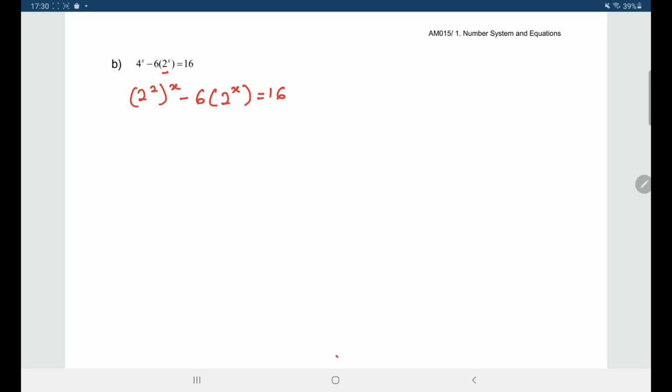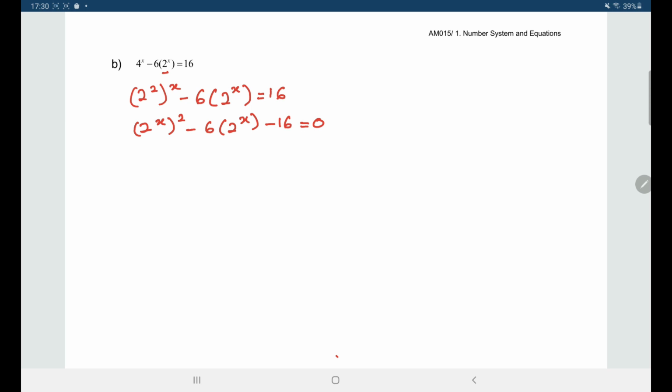Then we simplify and rearrange the equation in general form of quadratic equation. So you can write 2 power of x squared minus 6 times 2 power of x minus 16 equals to 0.